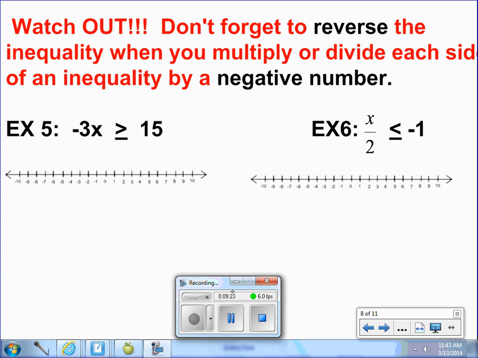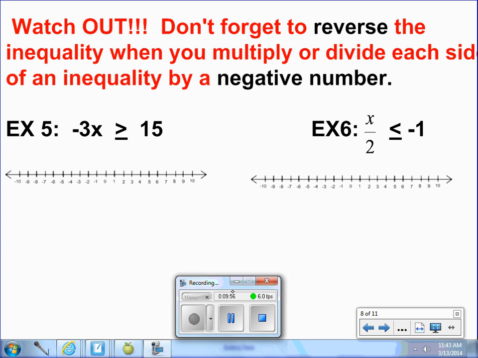So we have the same rules for solving an inequality as with equations, except for when you multiply or divide by a negative number. In order for the inequality to be true, you have to reverse the sign. So only when you multiply or divide by a negative number in an inequality do you reverse the sign.